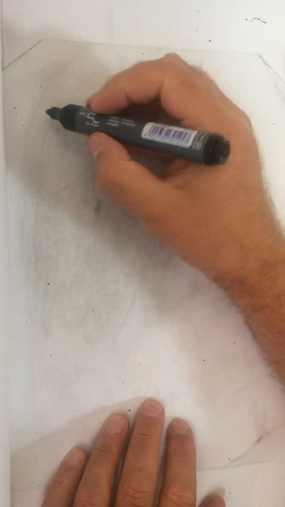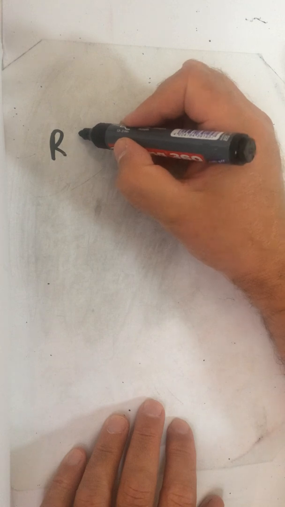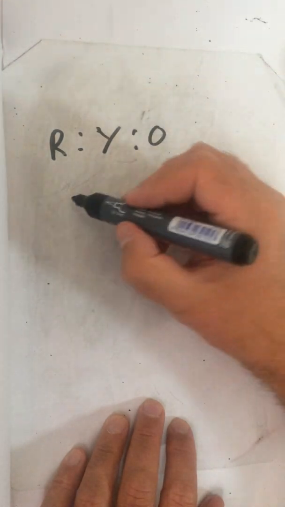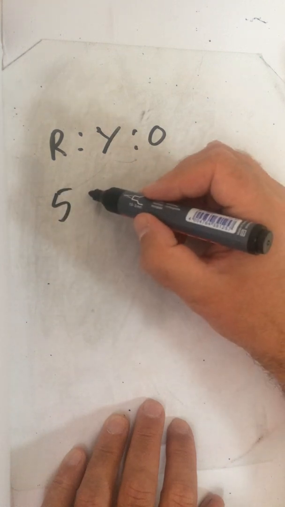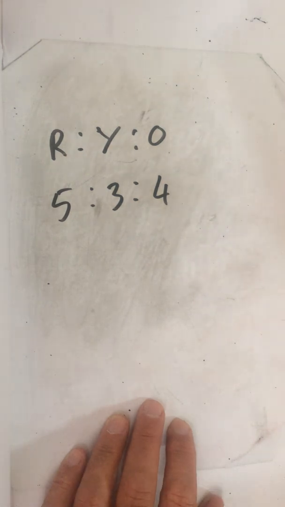If somebody looked through a box of Smarties, and they found the ratio of red to yellow to orange was 5 reds, for every 5 reds there were 3 yellows and 4 oranges. What proportion of these Smarties are red?